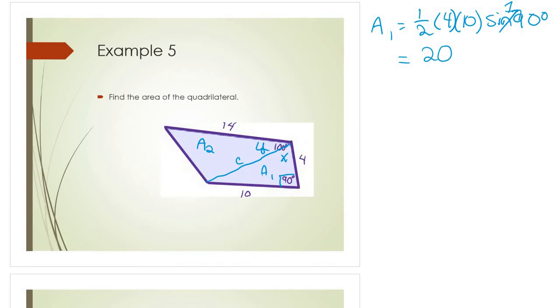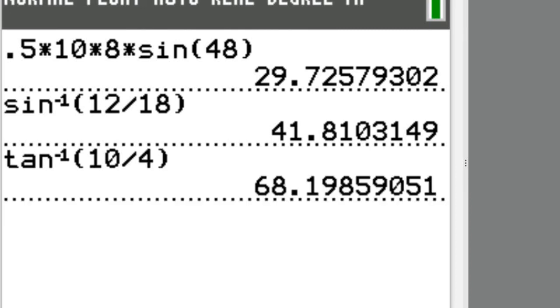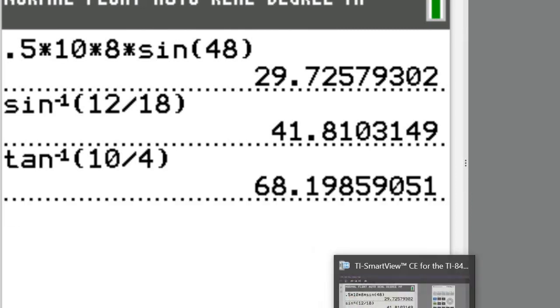So if I'm looking for X, I can use tan of X equals opposite, which would be 10, over adjacent, which would be 4. So I am going to type in my calculator inverse tan of 10 divided by 4. And I get 68.2, we'll call it.